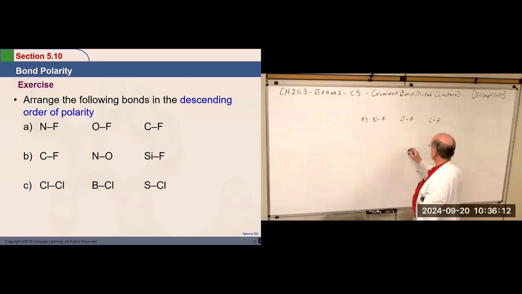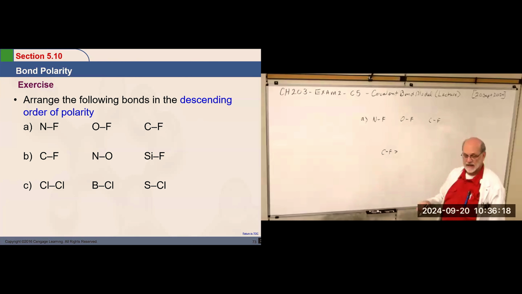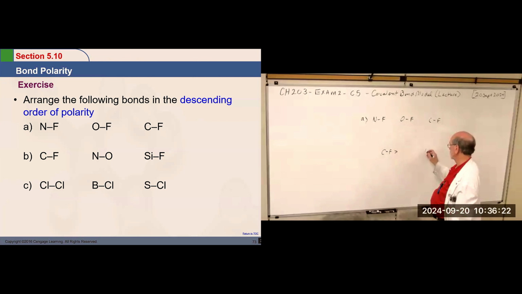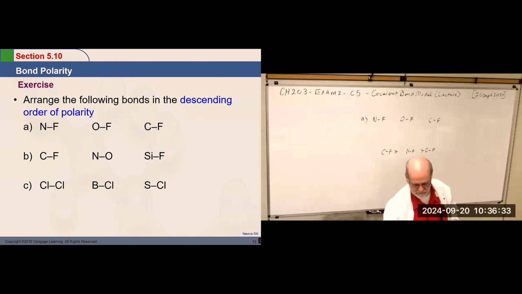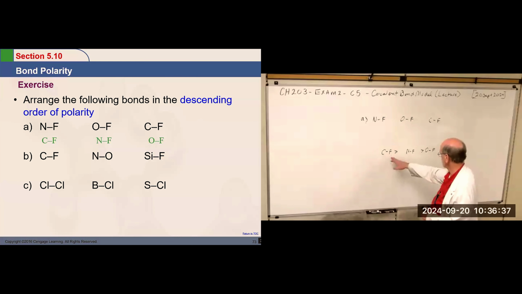So carbon and fluorine, from greatest to least. So that's the most polar. And the least polar would be oxygen and fluorine, because they're right next door to each other. That leaves nitrogen and fluorine in the middle. So carbon, nitrogen, oxygen in that order.